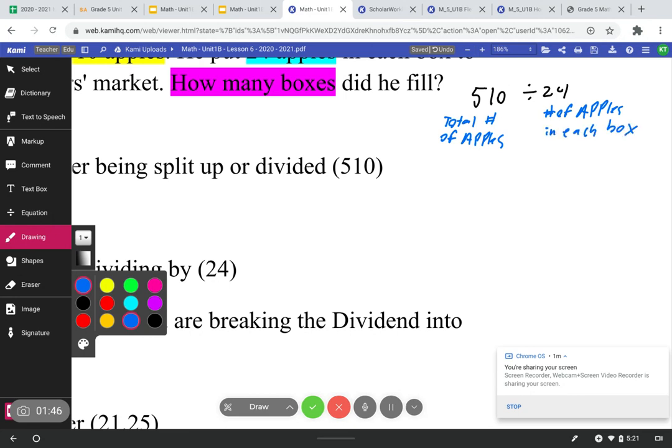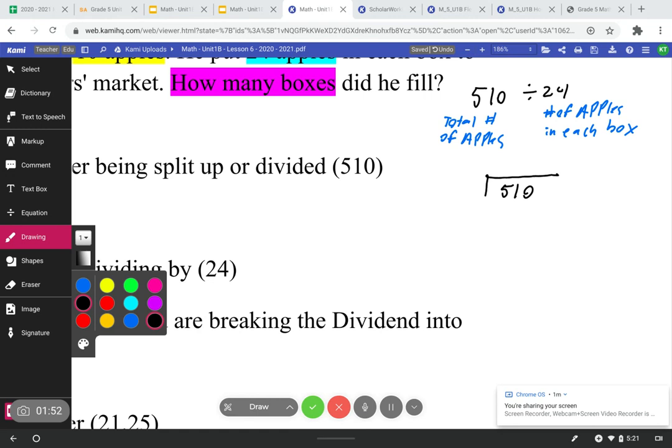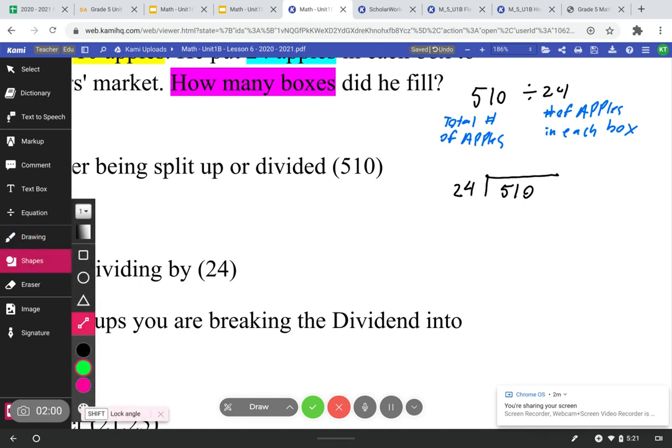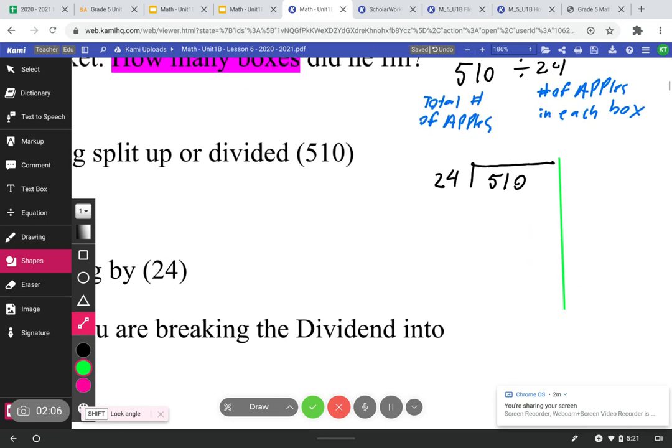So this is how I organize my thoughts, my process and my steps. I put 25, not 24. Y'all be safe out there. Check yourself. Always check your work. And we will definitely check our work after this.